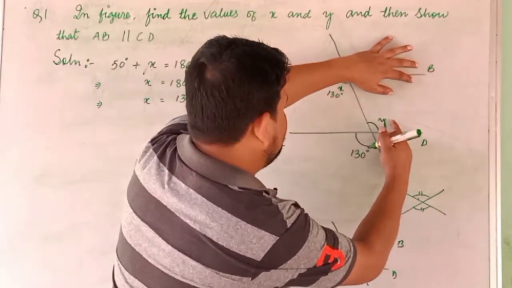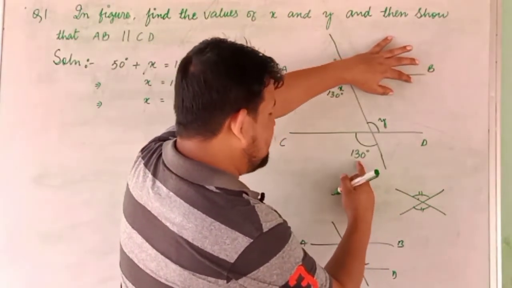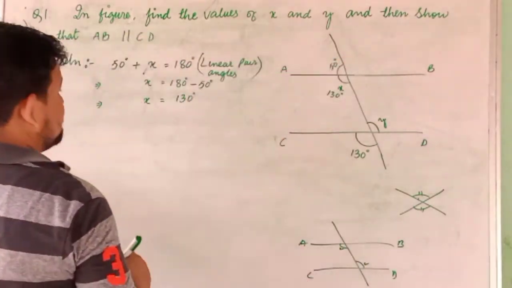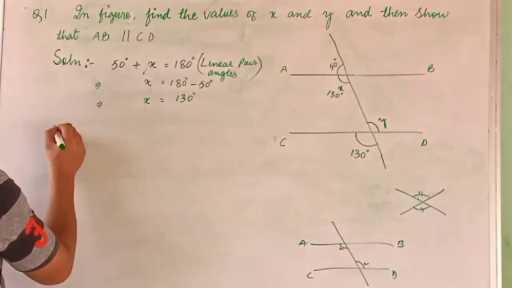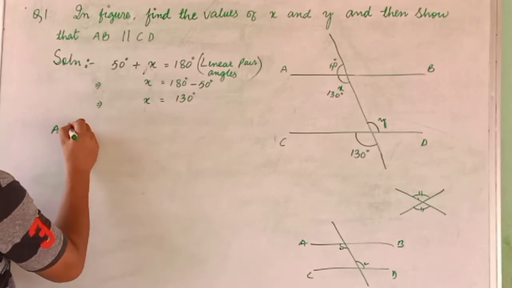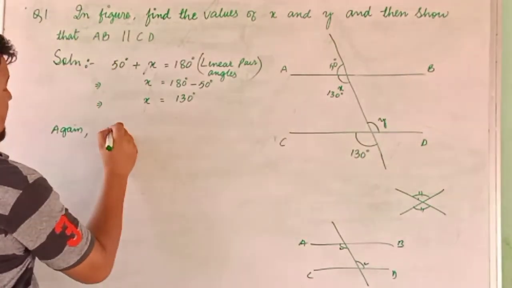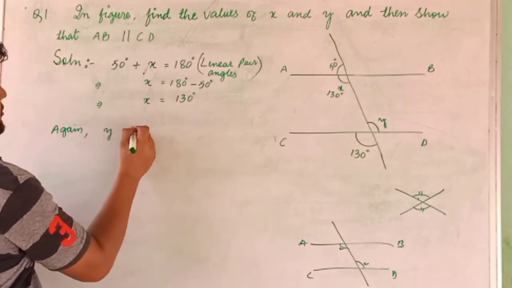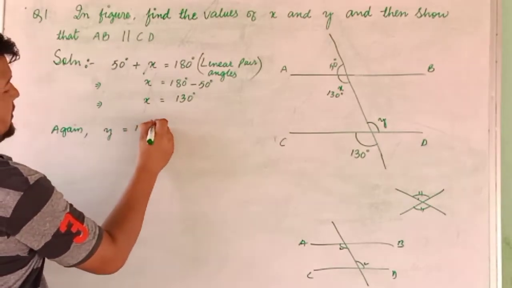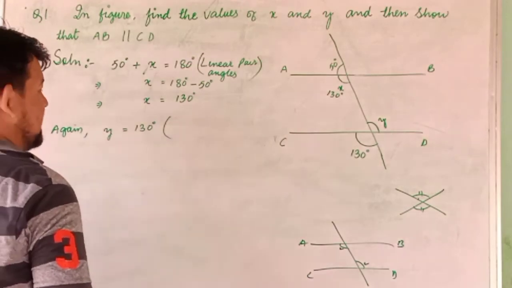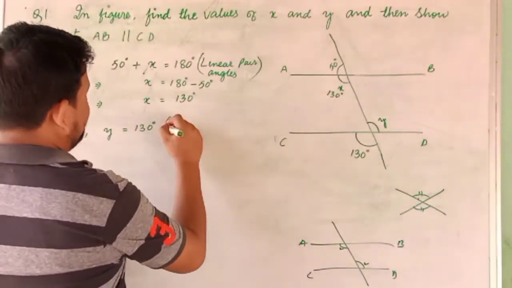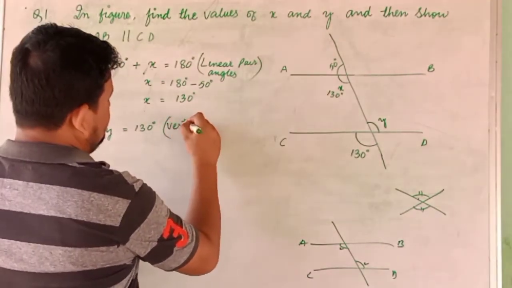So let us write, that means angle y will also be equal to 130 degree here, according to vertically opposite angles. So now again, y is also equal to 130 degree. Which property is giving the guarantee? Vertically opposite angles.